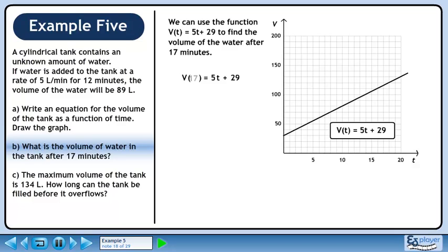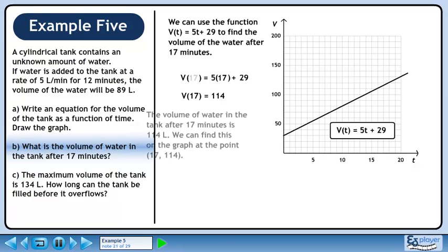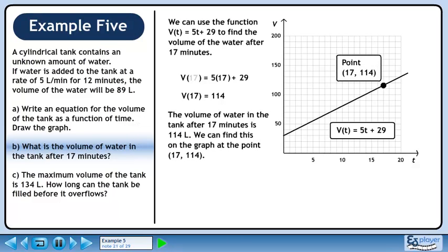We want to find the volume of water after 17 minutes. Plug in 17 for t. Evaluate the right side to get 114. The volume of water in the tank after 17 minutes is 114 liters. We can find this on the graph at the point (17, 114).